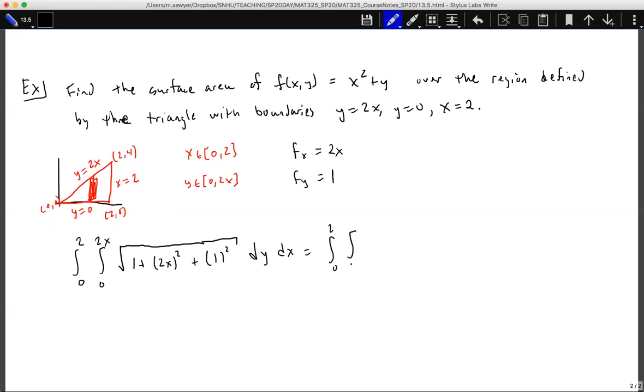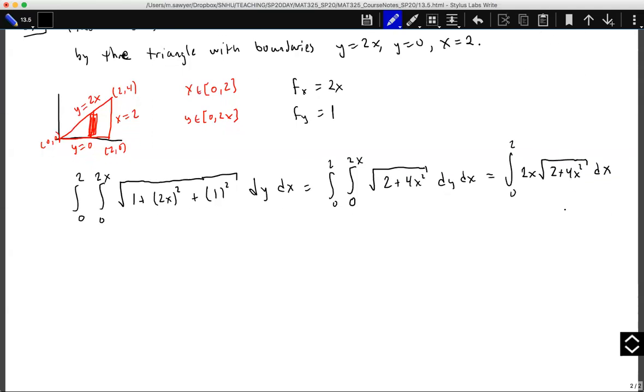Reducing this down and simplifying, we get the integral from 0 to 2 of the integral from 0 to 2x of the square root of 2 plus 4x squared, dy dx. So this becomes the integral from 0 to 2 of 2x square root of 2 plus 4x squared dx.